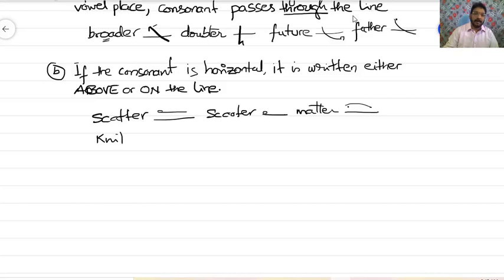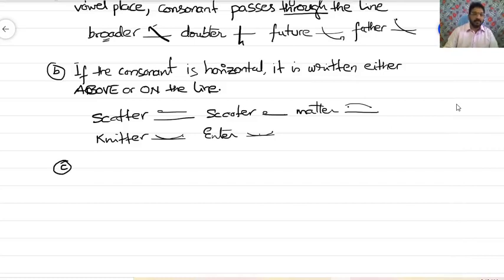Knitter, N doubled, third place over. Enter, on the line, receiving side, second place. Got it? Now we have dealt with downstrokes and horizontal strokes.